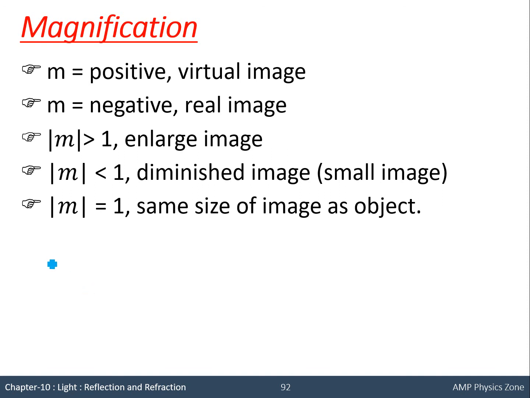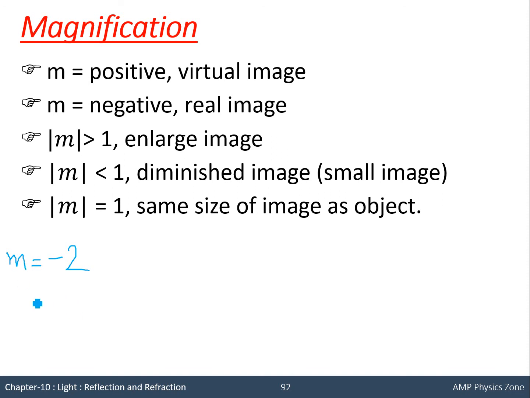Now if I tell you magnification is equal to minus 2, from the negative sign we can say the image is real, and for the magnitude we remove the negative sign, so 2. 2 is greater than 1, so the image will be enlarged. So from this value we can say the image will be real and enlarged.